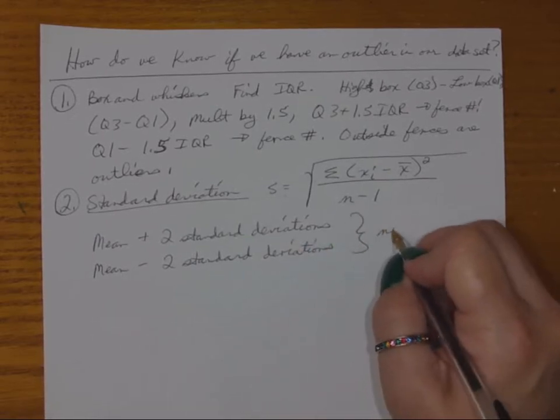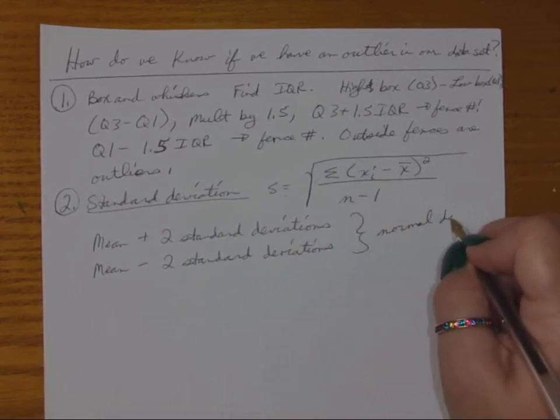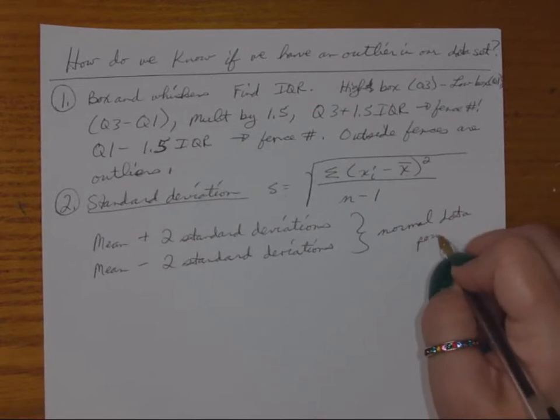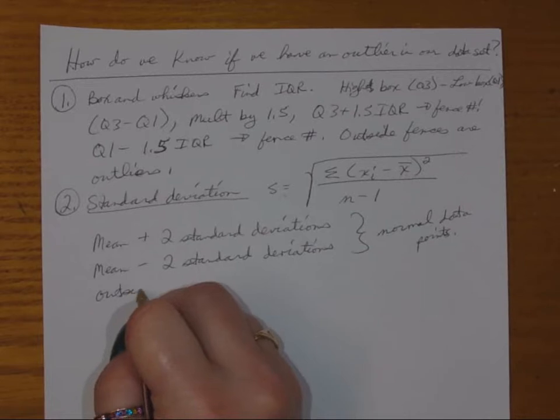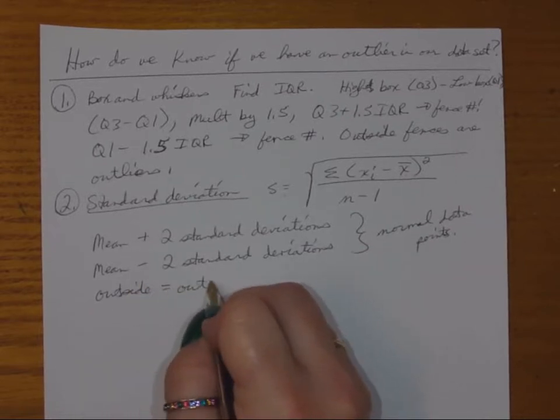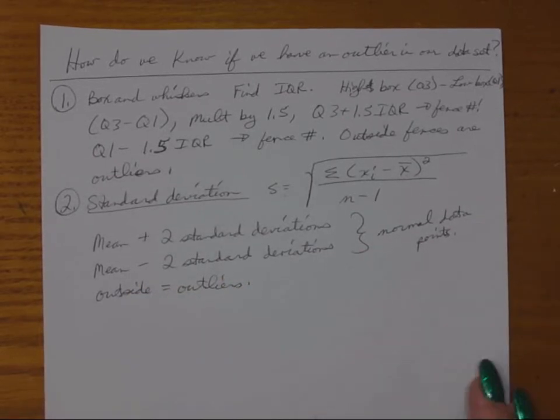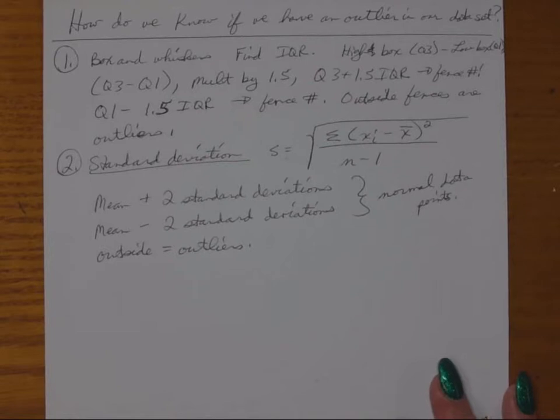These are considered our normal data points, or my expected values. Outside of that is outliers. It's that outside thing that gets us the outliers.